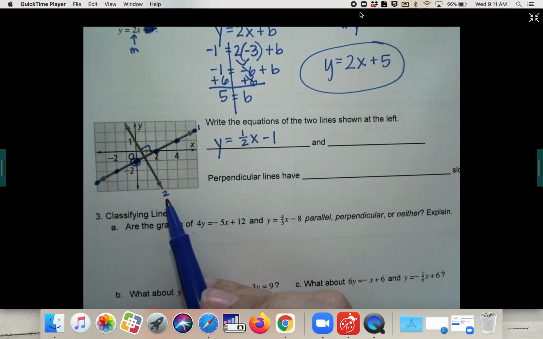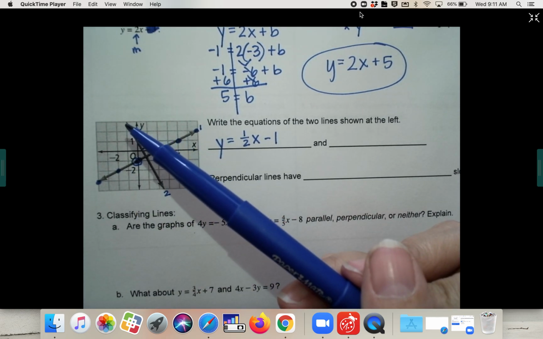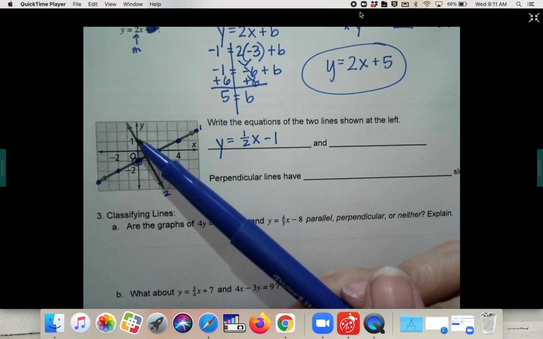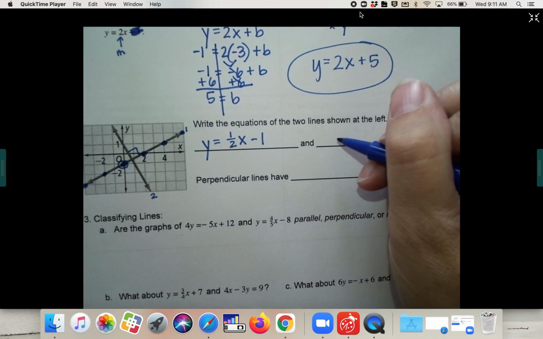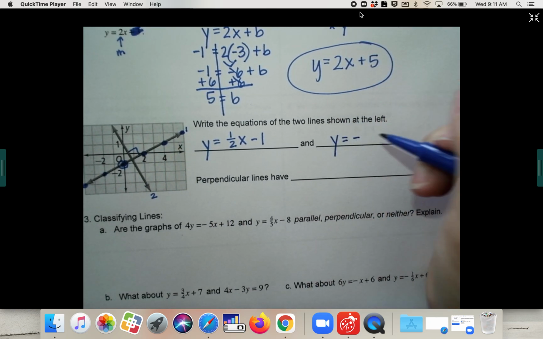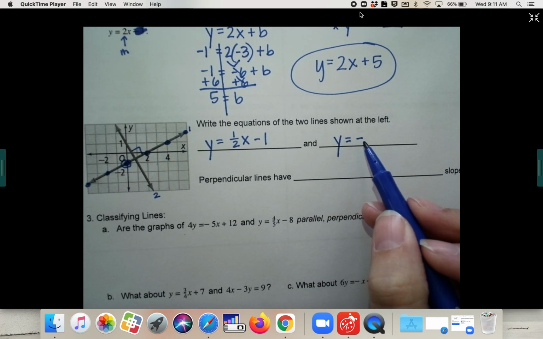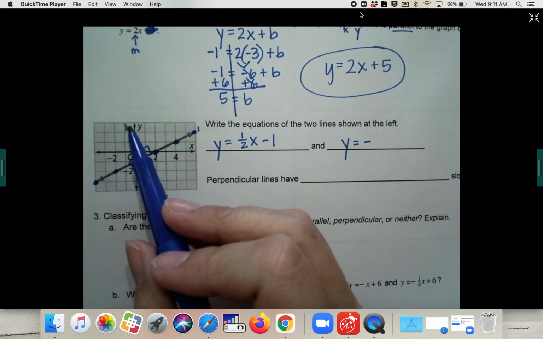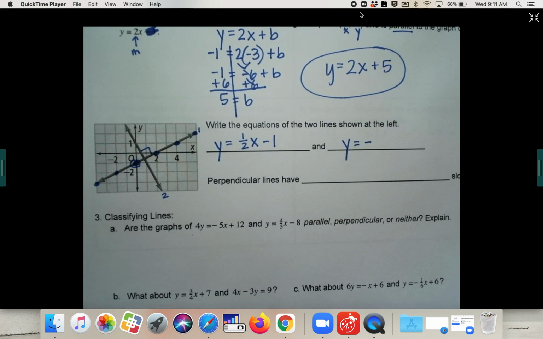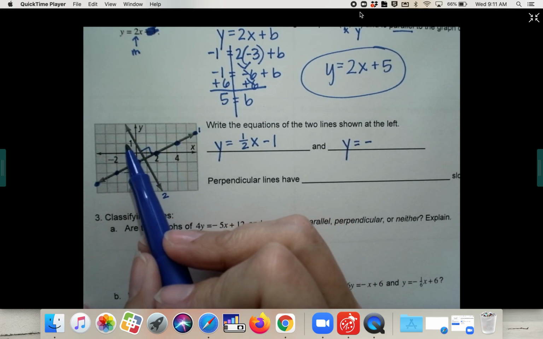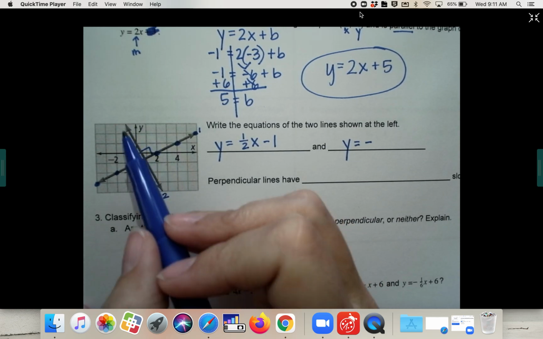All right, let's look at graph number 2. I want you to first realize it's going downhill, so that's going to be a negative slope. I don't know what it is yet, but I know it's going to be a negative slope. So I would go ahead and put y equals negative, just to be ready, because sometimes you forget the negative. All right, how steeply down is it going? Let's see.